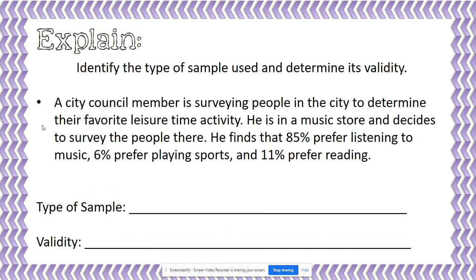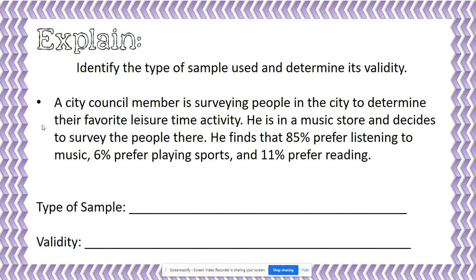Next, a city council member is surveying people in the city to determine their favorite leisure time activity. He is in a music store and decides to survey the people there. He finds that 85% prefer listening to music, 6% prefer playing sports, and 11% prefer reading.